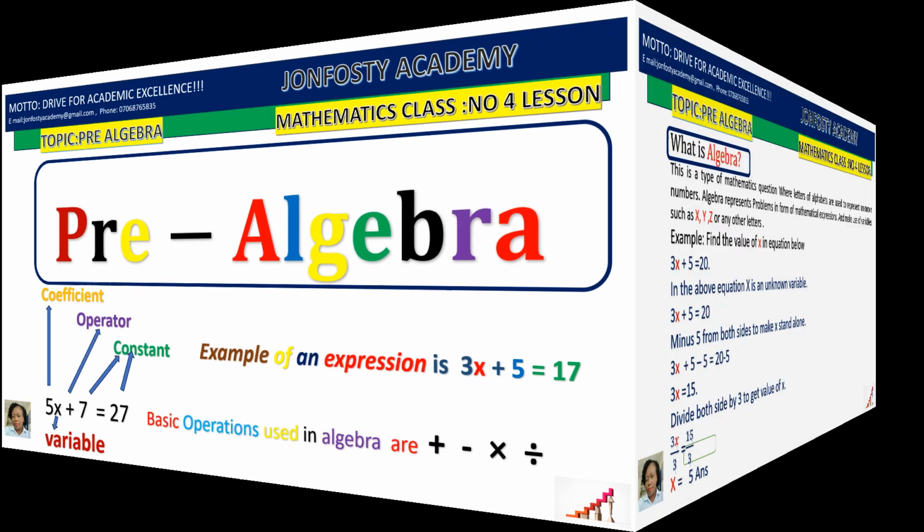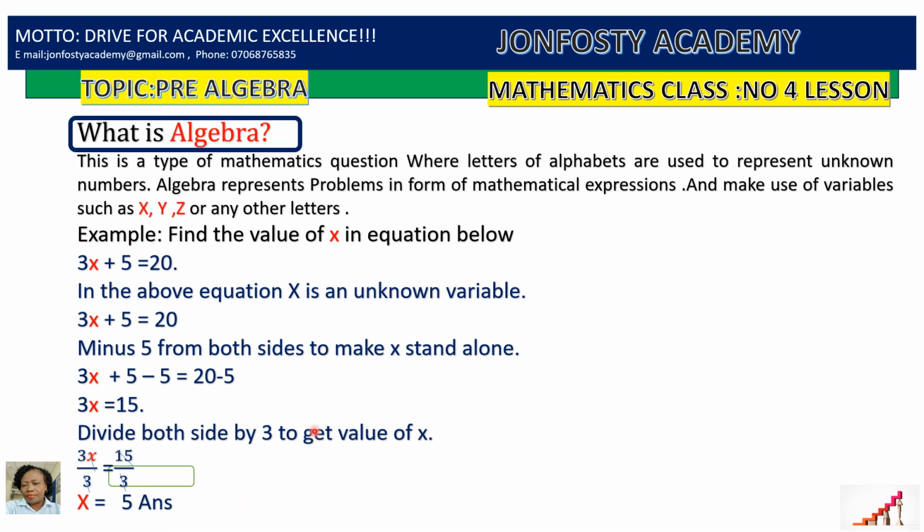Let's look at what algebra is. Algebra is a type of mathematics question where letters of the alphabet are used to represent unknown numbers. Algebra represents problems in the form of mathematical expressions and makes use of variables such as x, y, z, or any other letters.